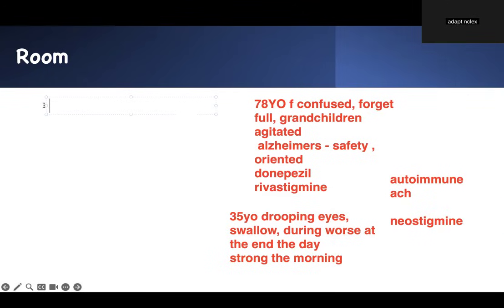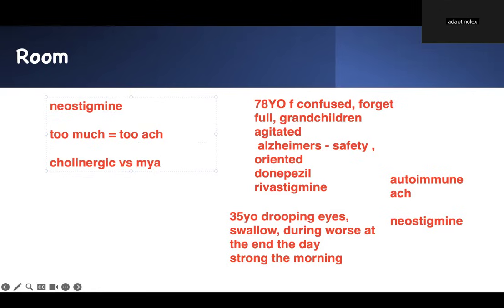If I give you neostigmine, there are two things that can happen. I can give you too much, and you have too much acetylcholine. If you have too much acetylcholine, you're going to go into cholinergic crisis, versus myasthenia gravis crisis.